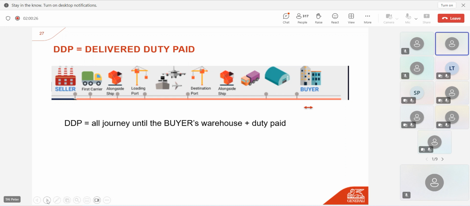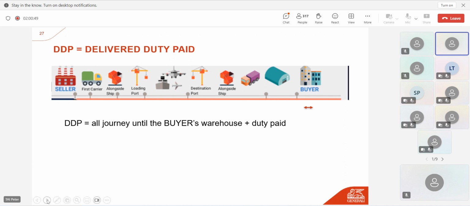DDP is not frequent and not common, because the seller won't know the cost of the customs charges, and it can be very high, so nobody is going to take that risk. However, this is allowed, but I don't see this at all. It's hardly ever used.